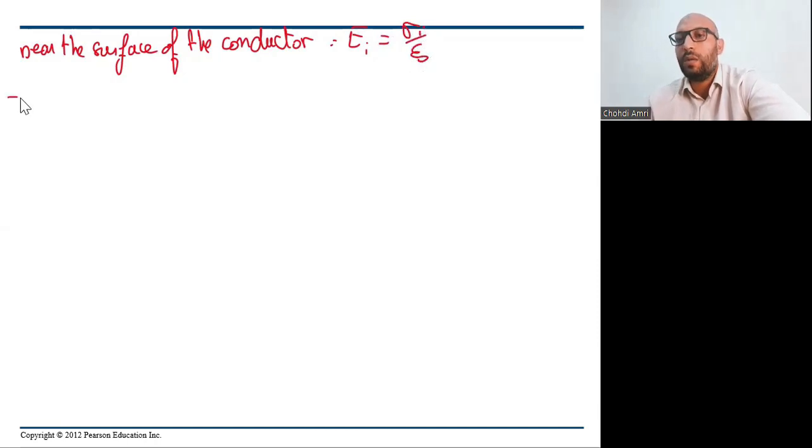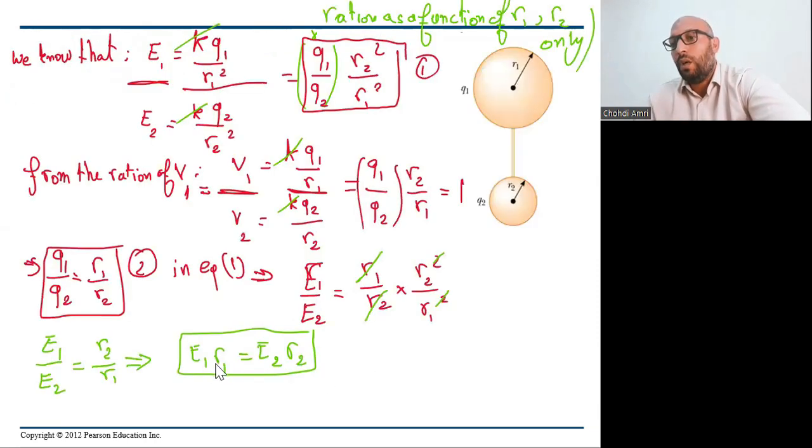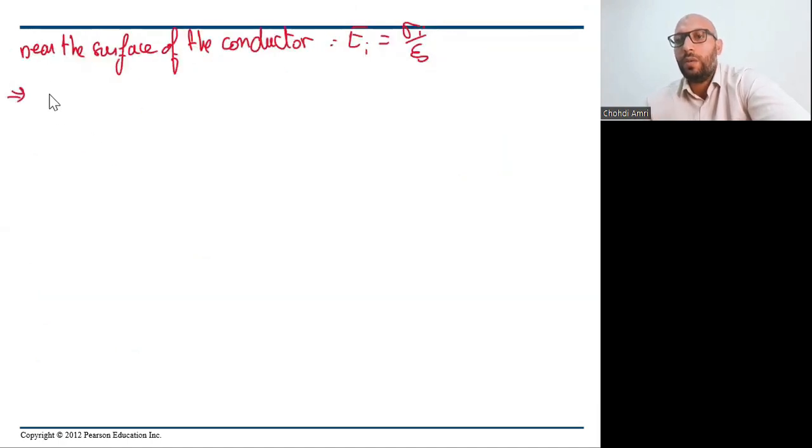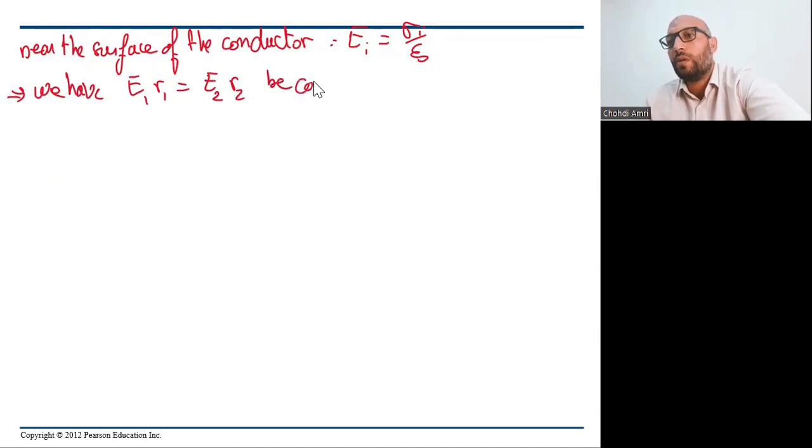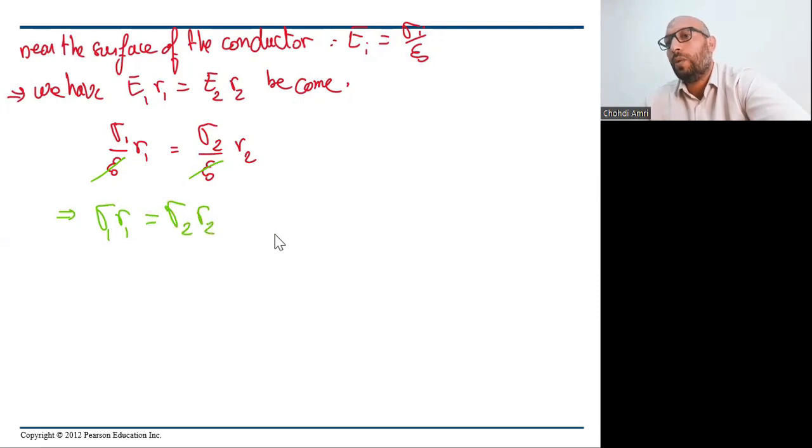So E1 R1 equals E2 R2 becomes sigma 1 over epsilon naught R1 equals sigma 2 over epsilon naught R2. We cancel epsilon naught, so we get sigma 1 R1 equals sigma 2 R2.